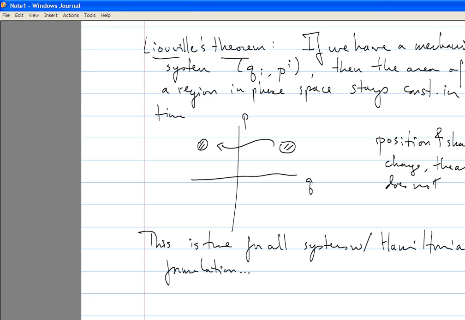So the question now is, what other results can we understand for generic dynamical systems? As you know, for a generic system, the equations of motion might be very, very difficult to solve explicitly.